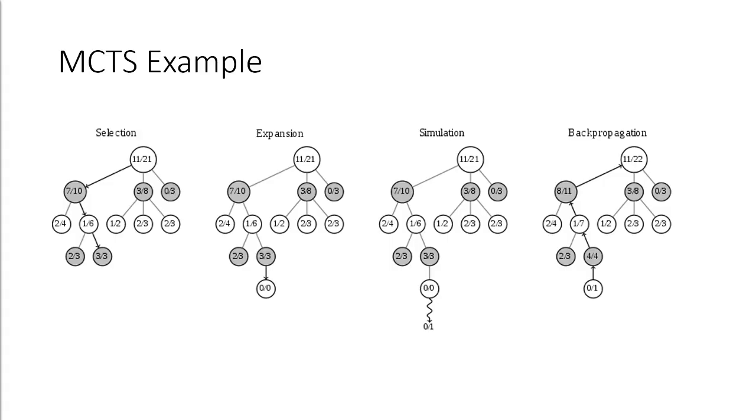And then for white we pick the minimizing, sort of same as the Minimax algorithm. So you're maximizing and minimizing as you go down, expanding. So you start with 11 out of 21, the root node.